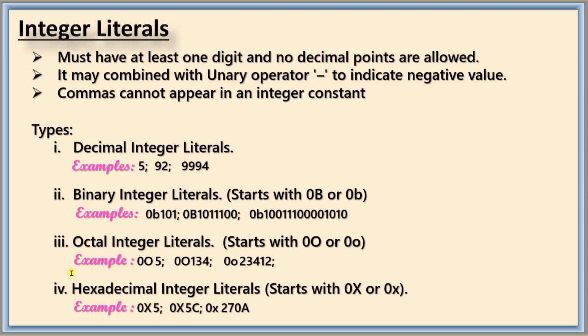See, not to worry about this binary, octal and hexadecimal integer literals. We will learn these numbers and conversions in later part. You will understand very clearly. Just you need to know now the types of integer literals and how you denote them.